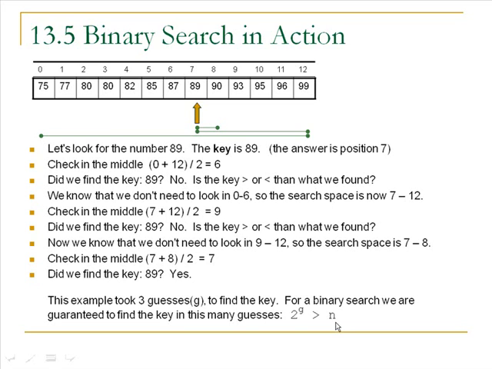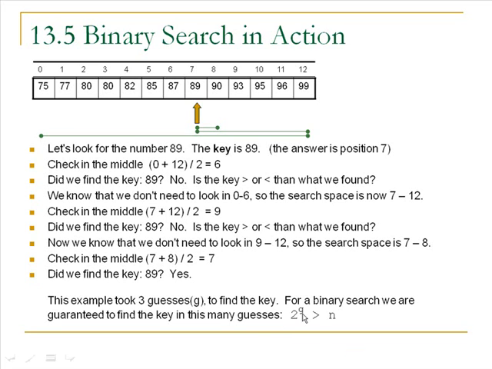N is the size of the array. G is the number of guesses it takes, or the number of comparisons it takes to find the value that we're looking for. It took us 3 guesses this time. 2 to the power of 3 is 8. 8 is not greater than 12, so we were a little bit lucky to find 89 in 3 guesses.